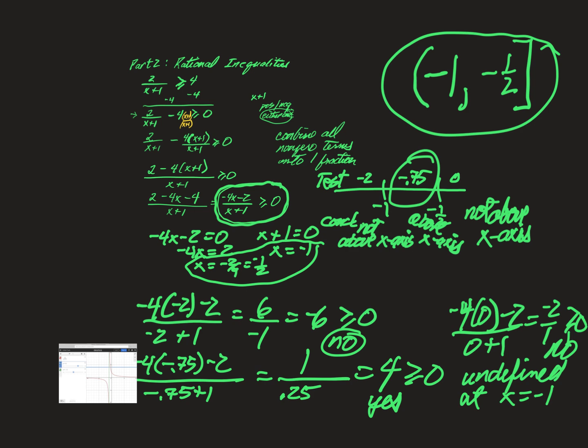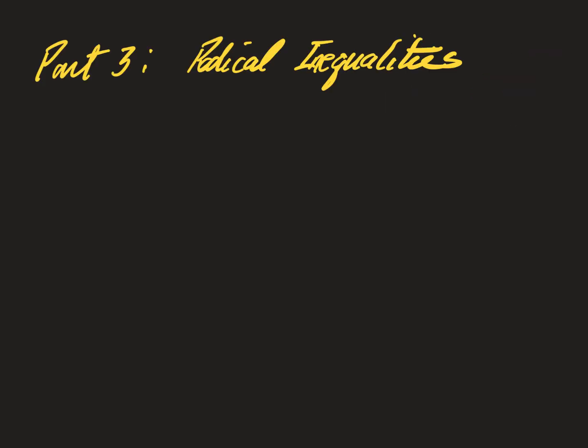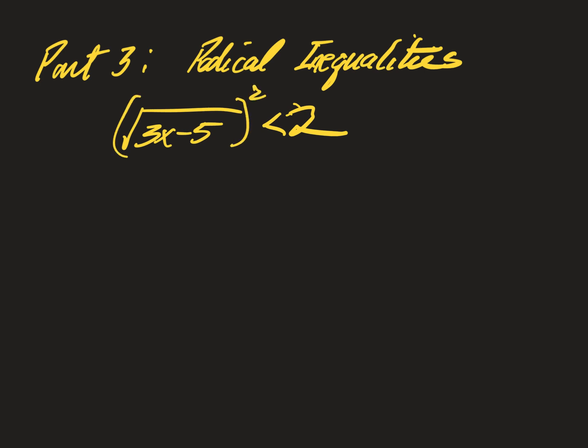Okay? That's a very typical rational inequality. And so we are now ready for part 3, radical inequalities. So a good example would be like the square root of 3x minus 5 is less than 2. Since it's a radical, we're going to proceed like normal, and we're going to square both sides. So we get 3x minus 5 is less than 4.